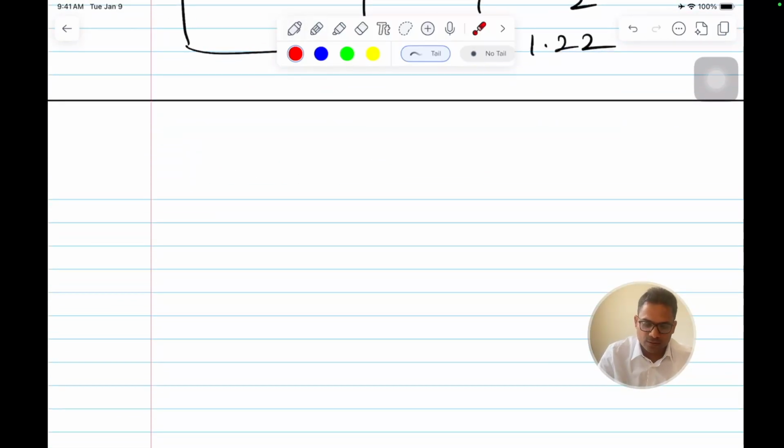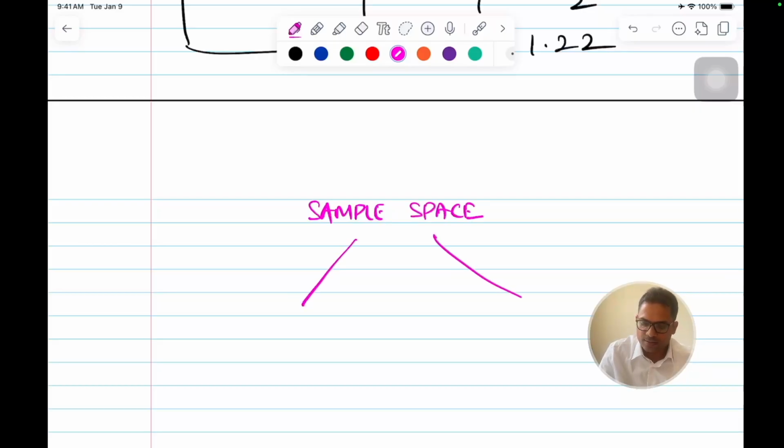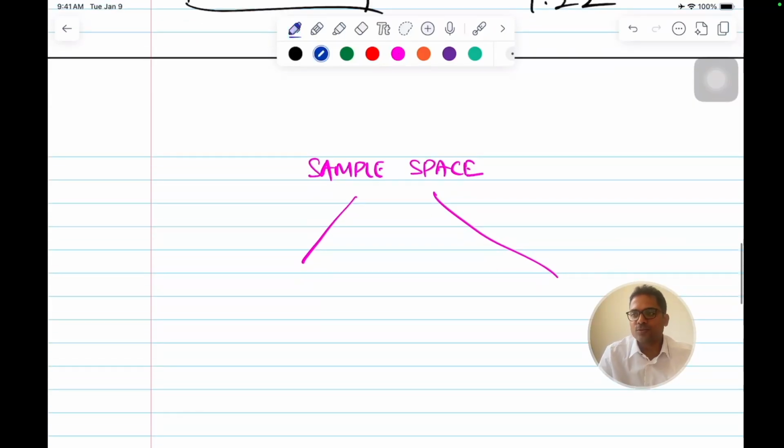To summarize, I have a sample space. This can be divided into two parts: it can be either finite or infinite. If it's finite, then it's discrete.